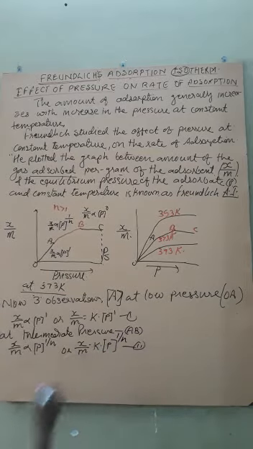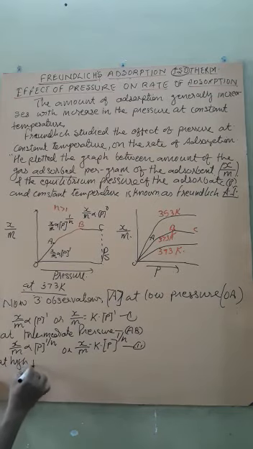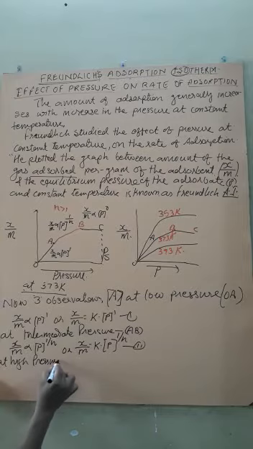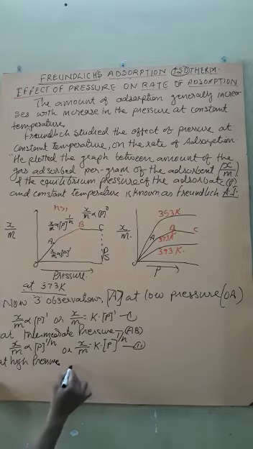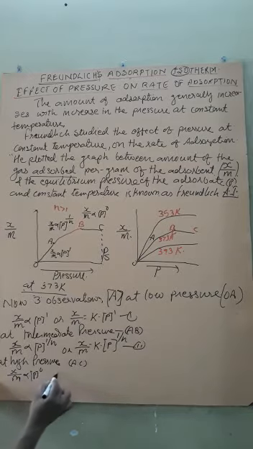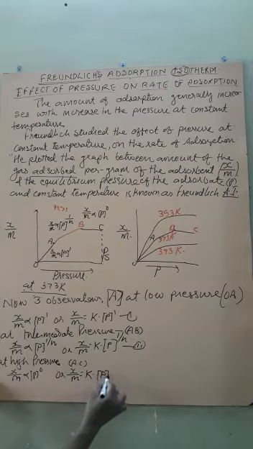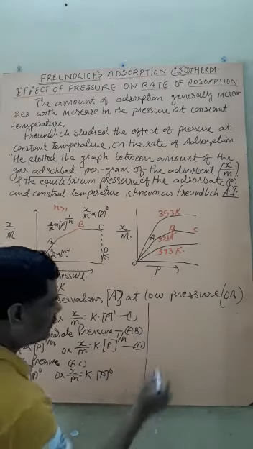This is number 2. And at high pressure, that is saturation pressure, that is called A to C, you can call it x by m is directly proportional to P to the power 0, or you can write x by m is equal to K into P to the power 0.